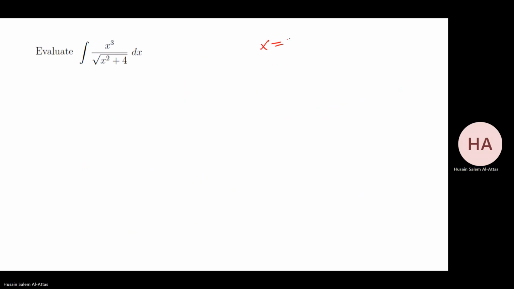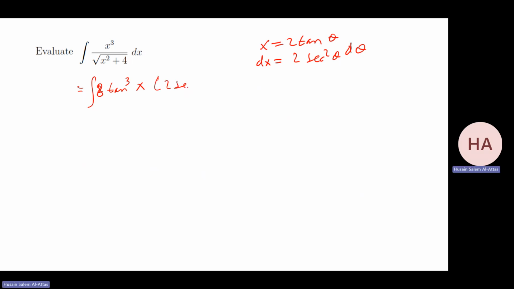x equal 2 tan theta. The dx will be 2 secant squared theta d theta. Plug the numbers. I have what? 2 tan cubed, not 2, 8 tan cubed theta times 2 secant squared theta d theta over 2 secant theta.